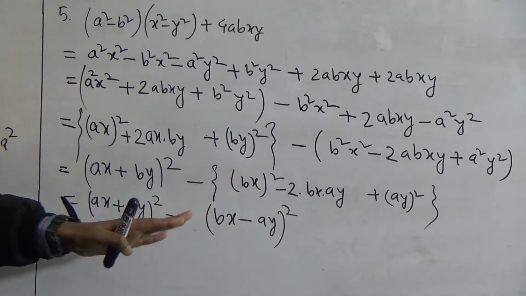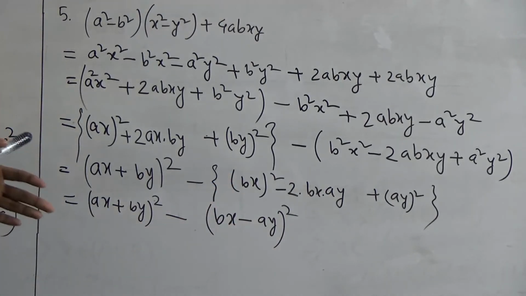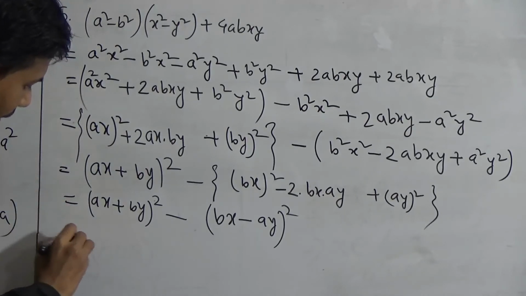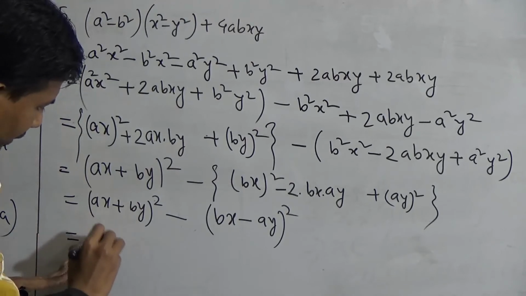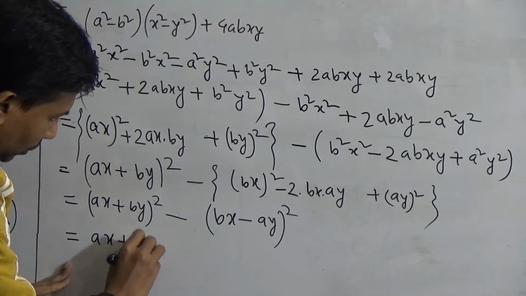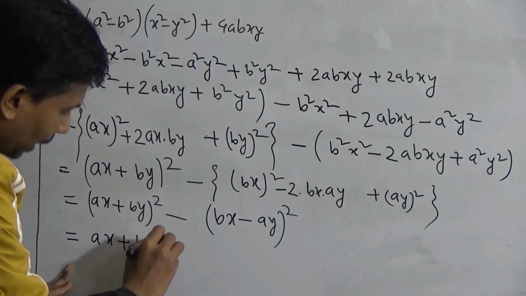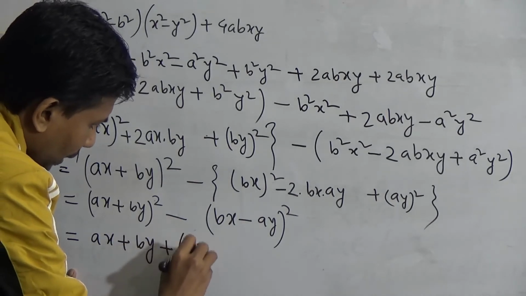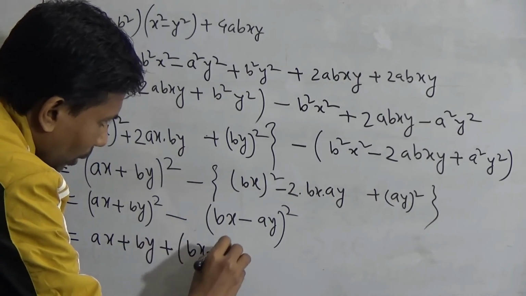Okay, then write the formula, we know a square minus b square equal to a plus b into a minus b. Now write a means ax plus by, then plus bx minus ay.